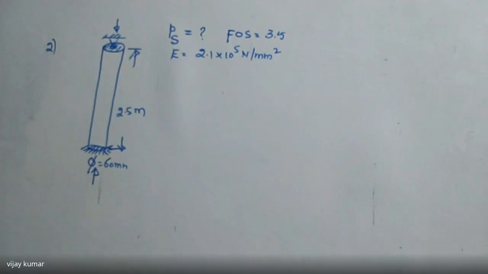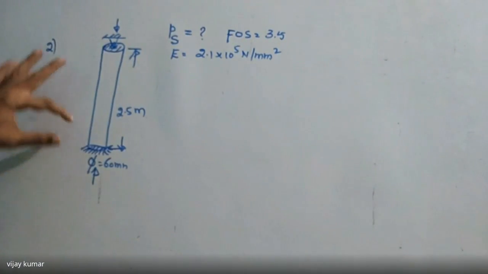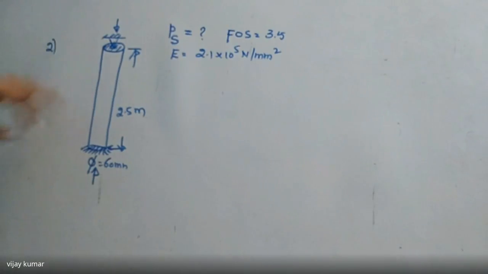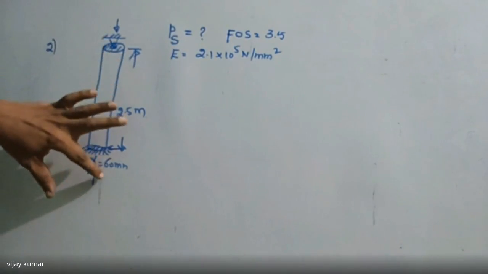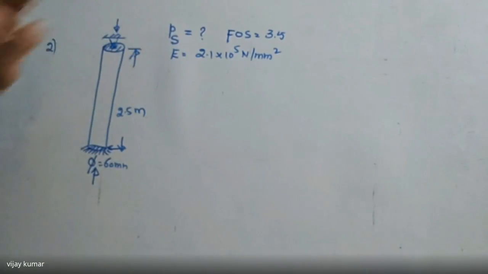So the question is given like this. One end is fixed, the other end is free. The length of the column is 2.5 meters and the diameter is 60 mm. So here we are finding the safe load.